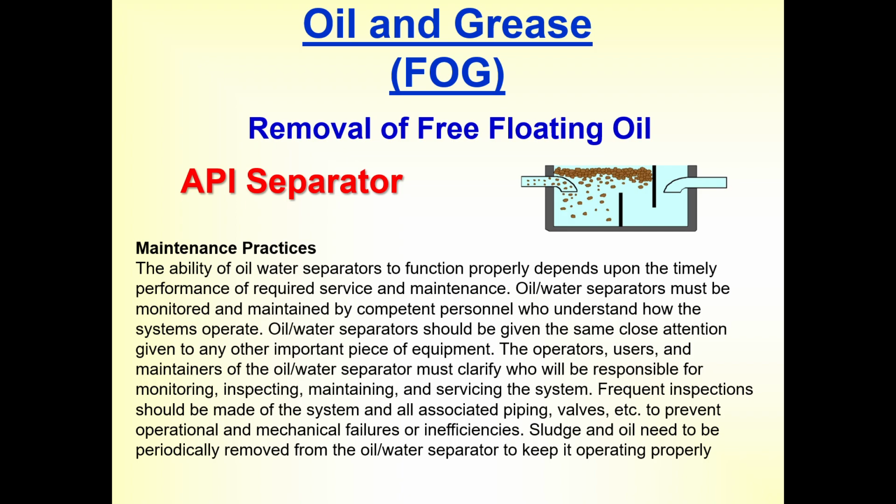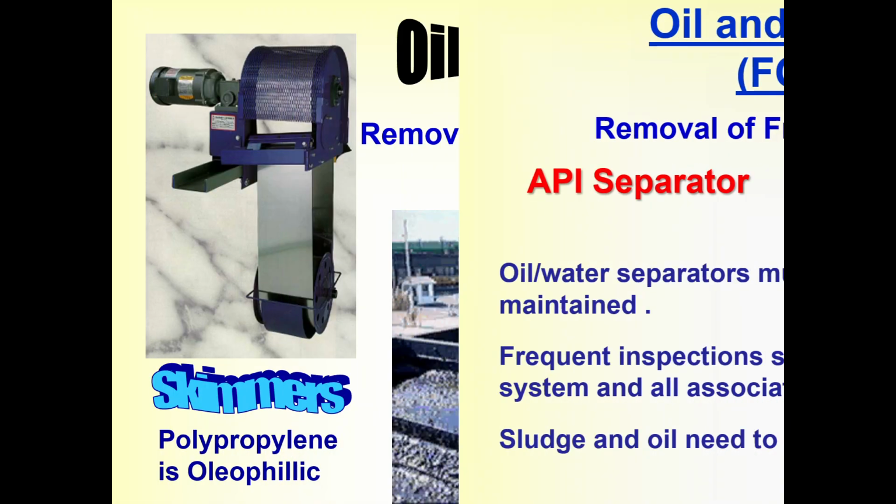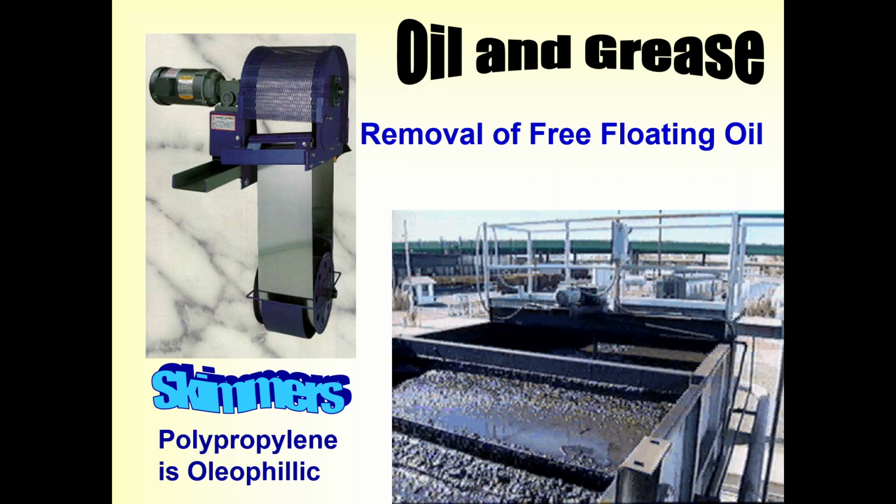And this sludge and oil needs to be periodically removed. So this is about API separators and frequent inspections, as I said already. Next, you can see this will be removing free floating oil. That is the main effect.